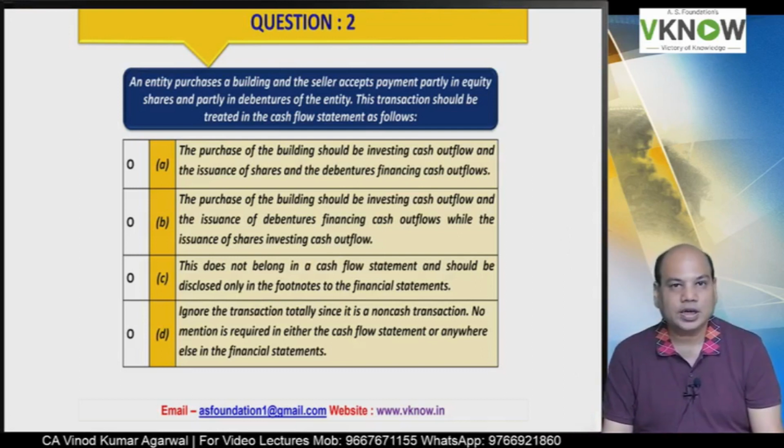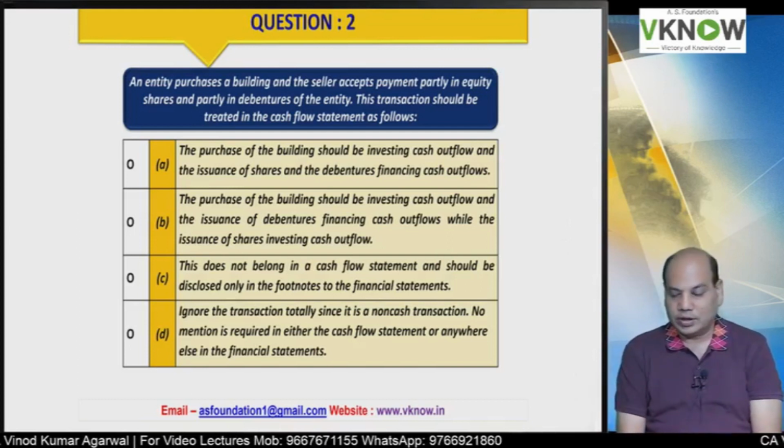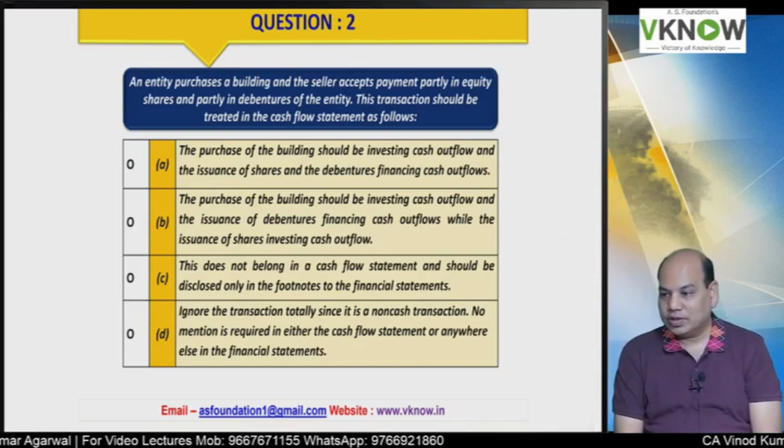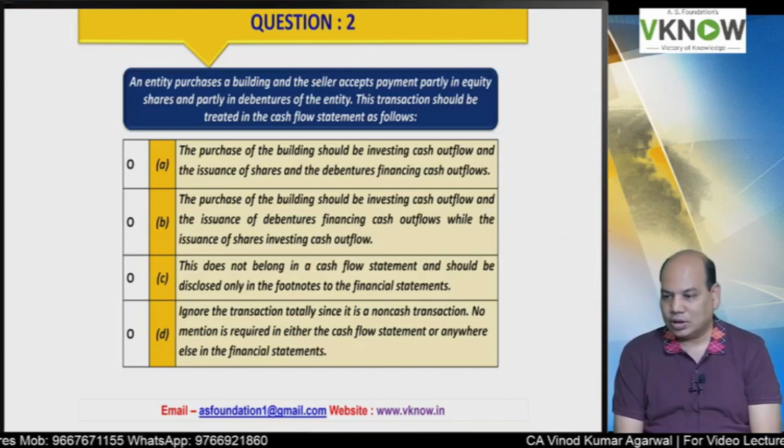You read the options and give me the answer. Which option do you think is right? Whether it will be shown in investing activity, financing activity, operating activity, or none of the activities and only a disclosure in the footnote. What is your answer?